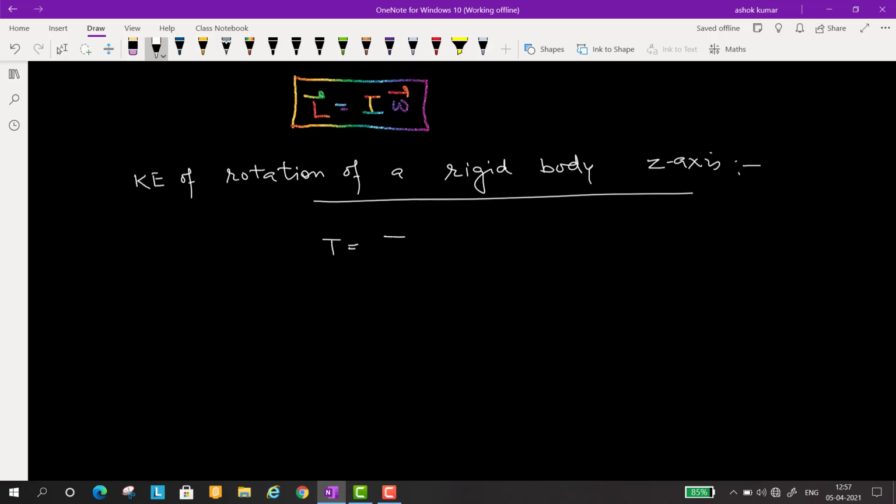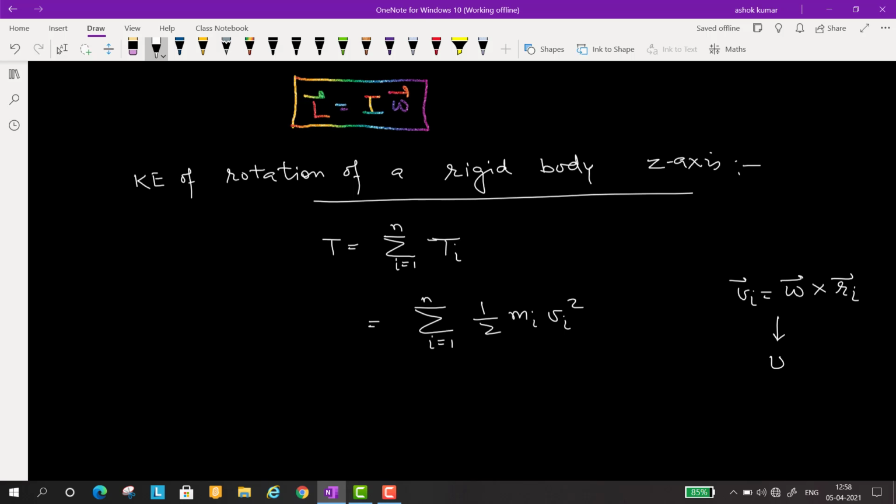So total kinetic energy will be equal to the sum of the kinetic energies of the individual particles. So it will be half mi vi square. As vi is equal to omega cross ri, in scalar form vi is equal to omega ri.